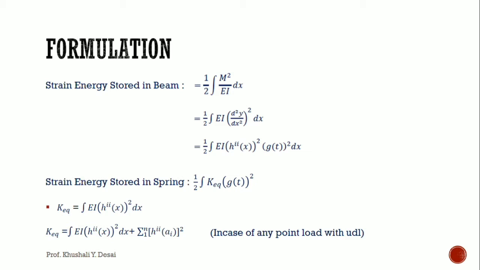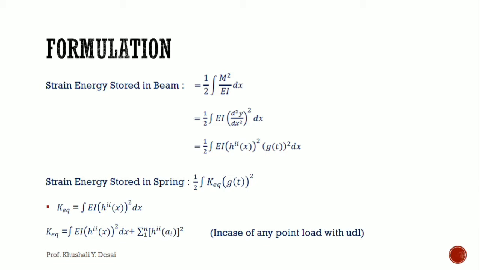Further, if you want to find out the strain energy stored in the beam and that in the spring, for the beam it is half M square upon EI dx. And it is known that moment M can be written as EI d square y by dx square.